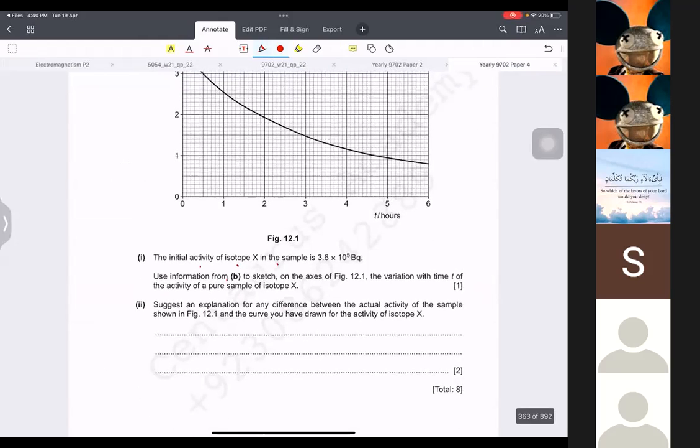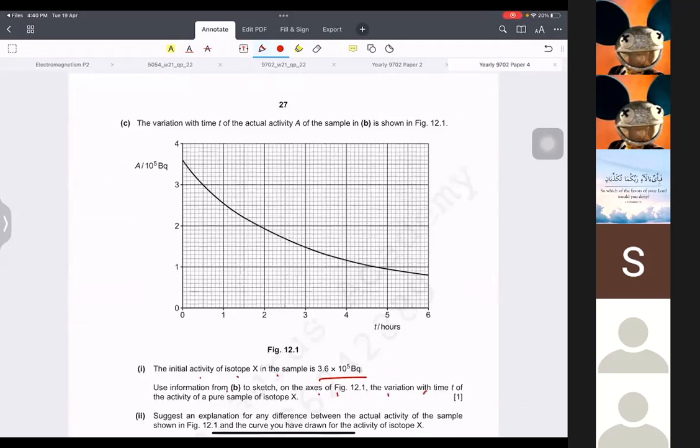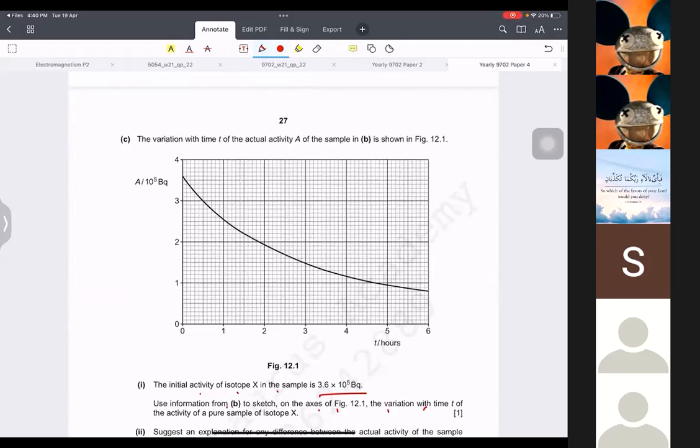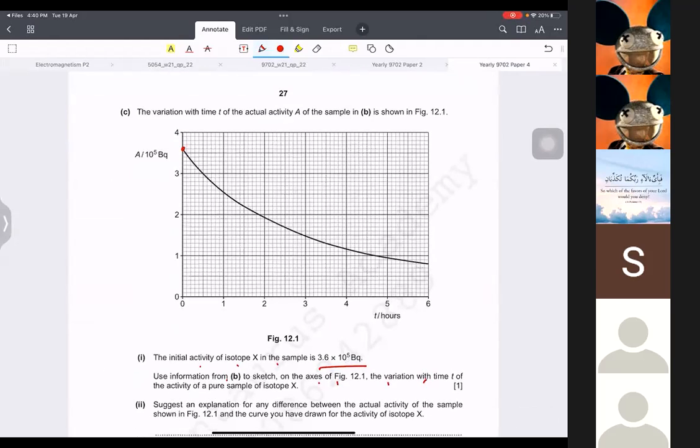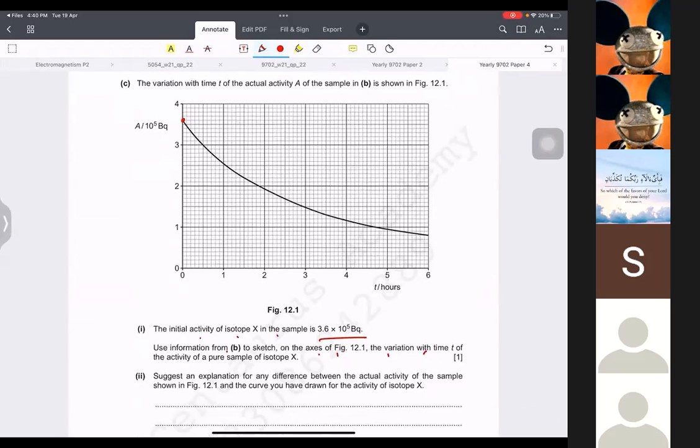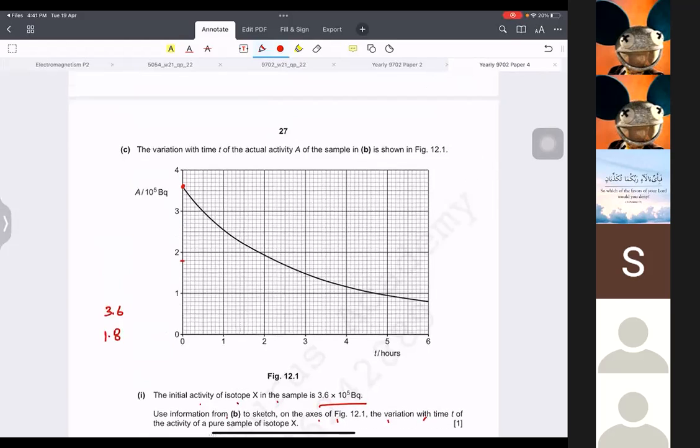Then it says the initial activity is this. Use the information to sketch on the axes the variation of activity with time t for the pure sample. So it was 3.6, and half of that is 1.8.